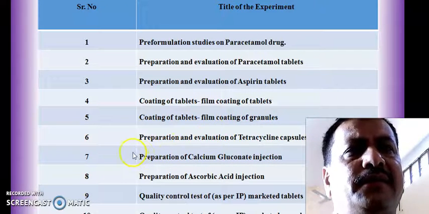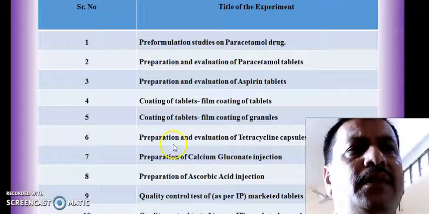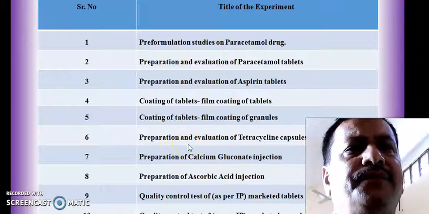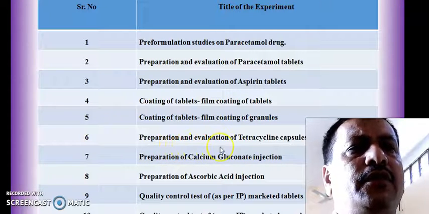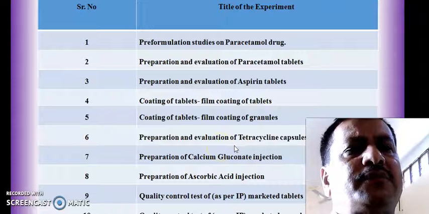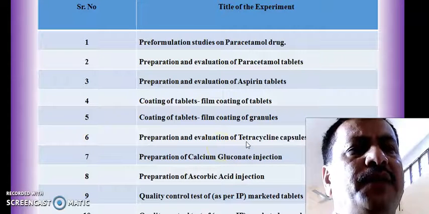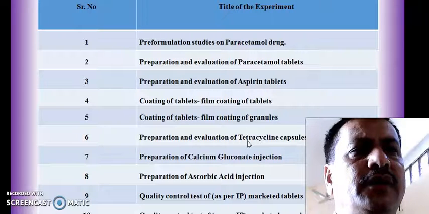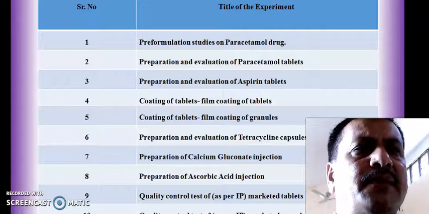Sixth experiment is regarding preparation and evaluation of capsules, in which we are going to prepare capsules of tetracycline and later on evaluate it.